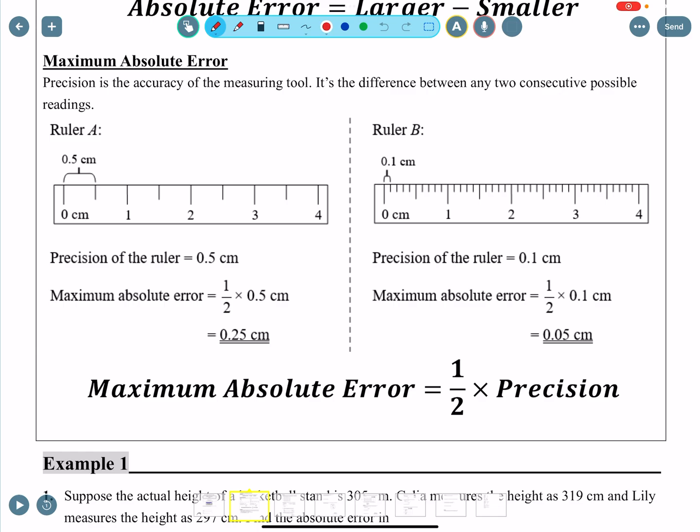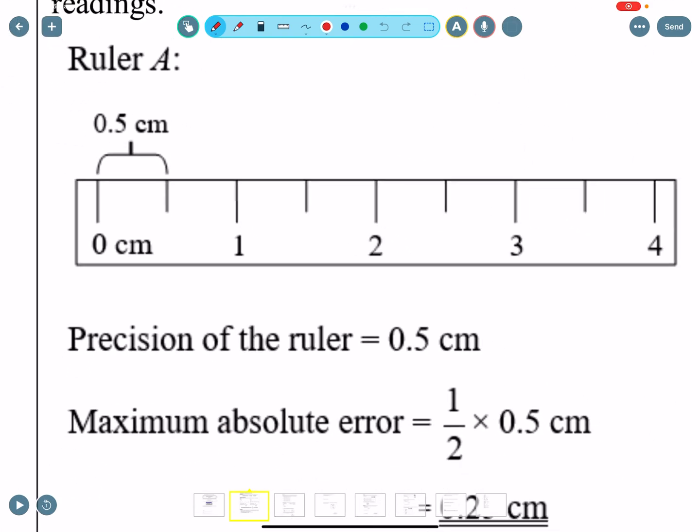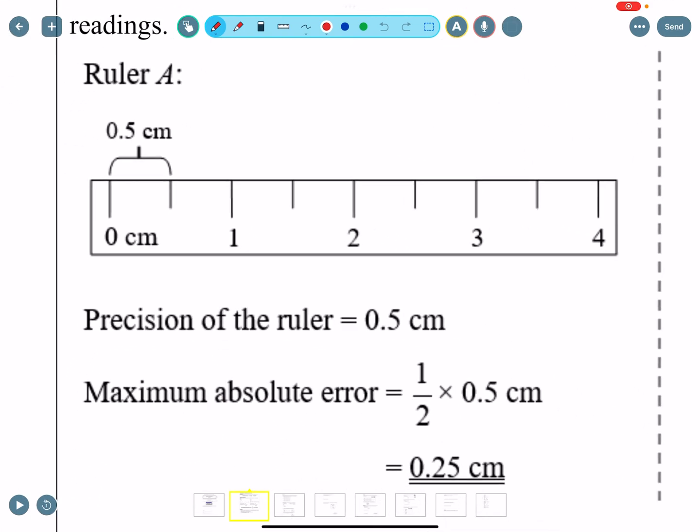Maximum absolute error is basically how much error you're going to have in the measured value. So let's say you measured something that is 1 cm. The actual length is going to be 0.25 apart from the measured length.